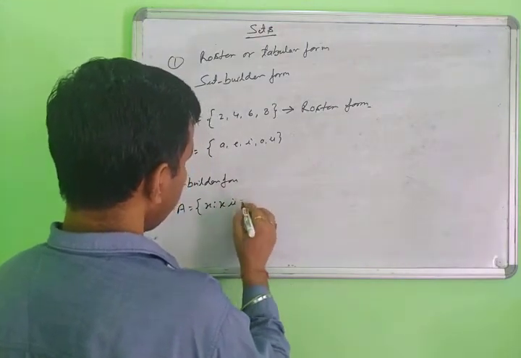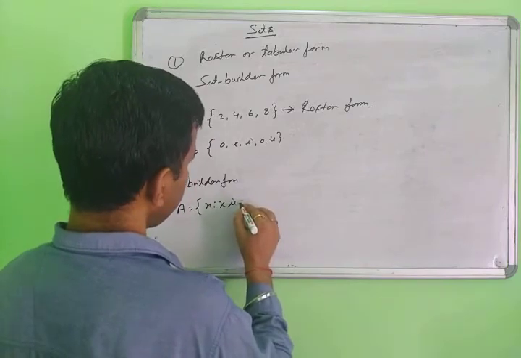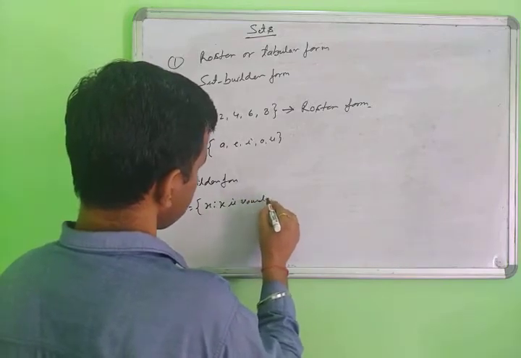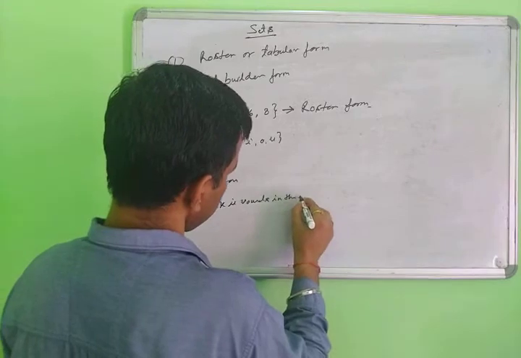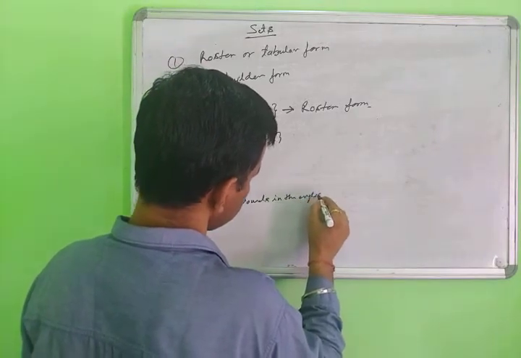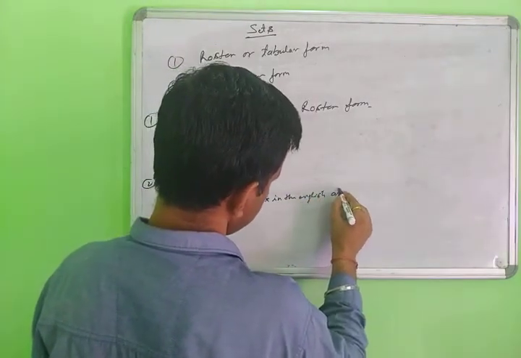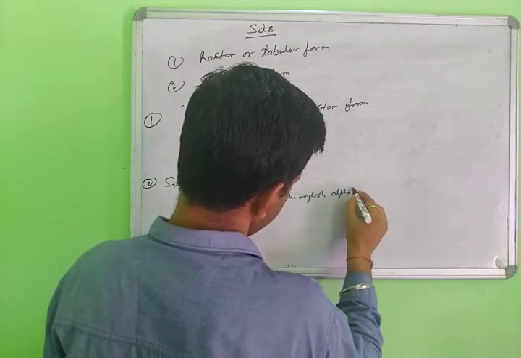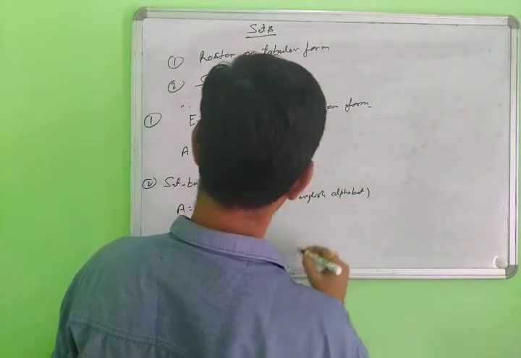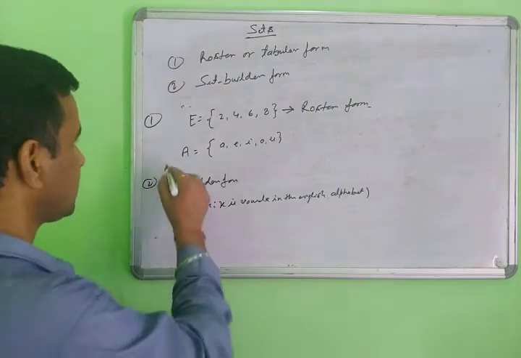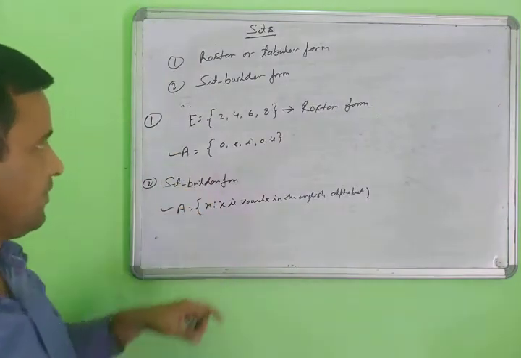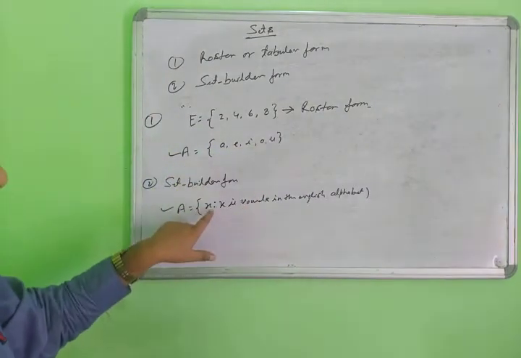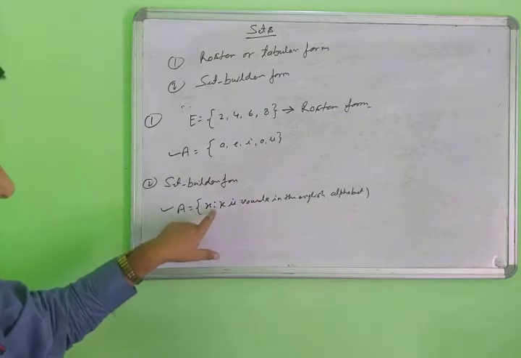Or, x is a vowel in the English alphabet. This means I am converting the set into this form: A, E, O, U, I. So what is the x here?